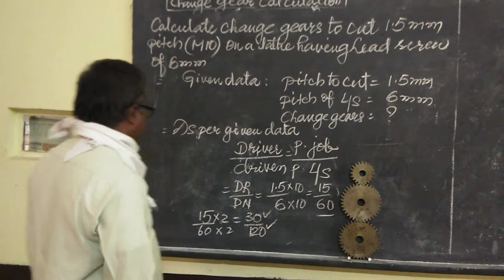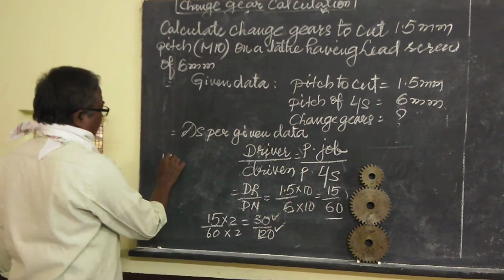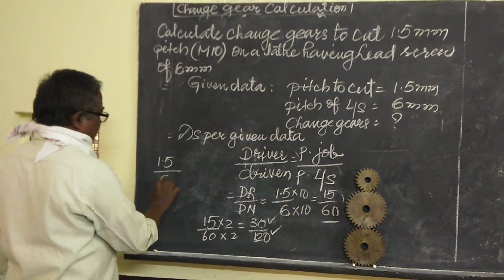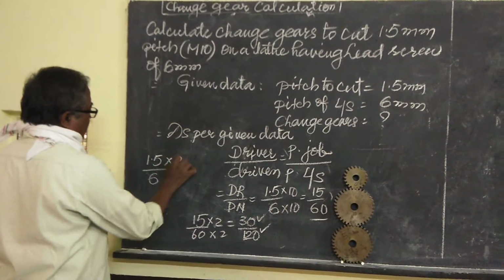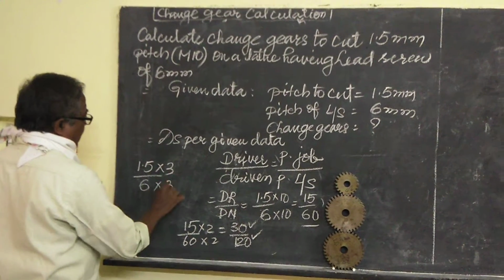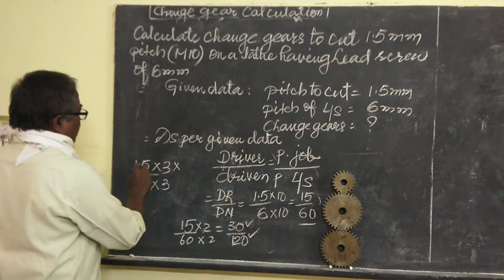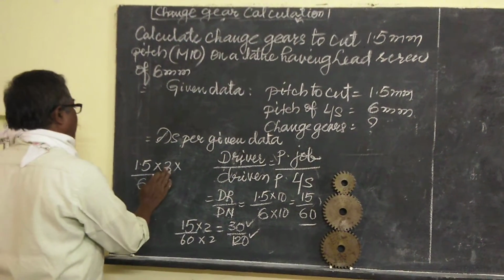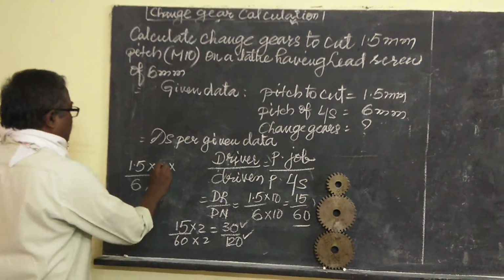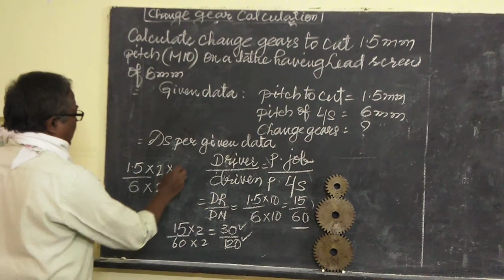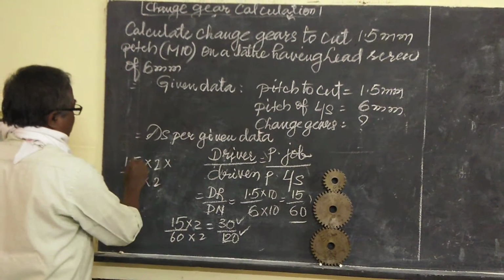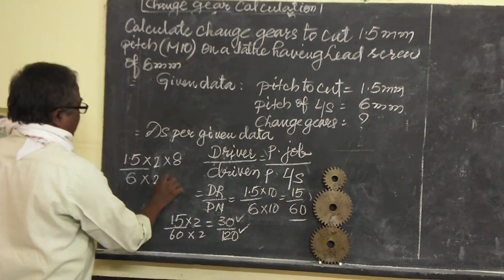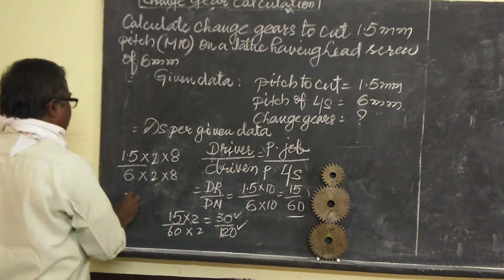Now 1.5 by 6 is here, into 3 into 3, or into 8.